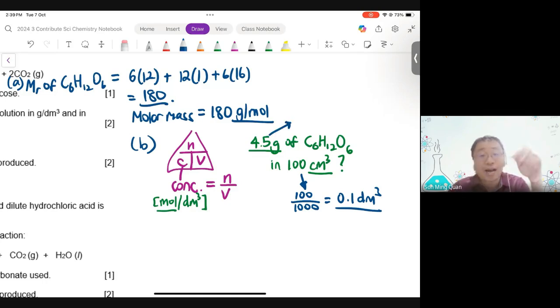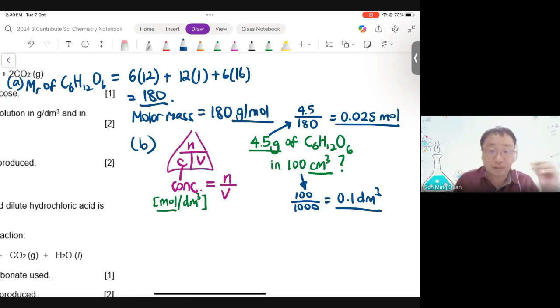Next, you can't use 4.5 grams as is. You will need to convert it to mole. This is why you calculated the MR in the previous step. If you have calculated the MR, it's a matter of taking gram to mole. Gram to mole, we take gram divided by MR, which is 0.025 mole. Again, have this number ready somewhere.